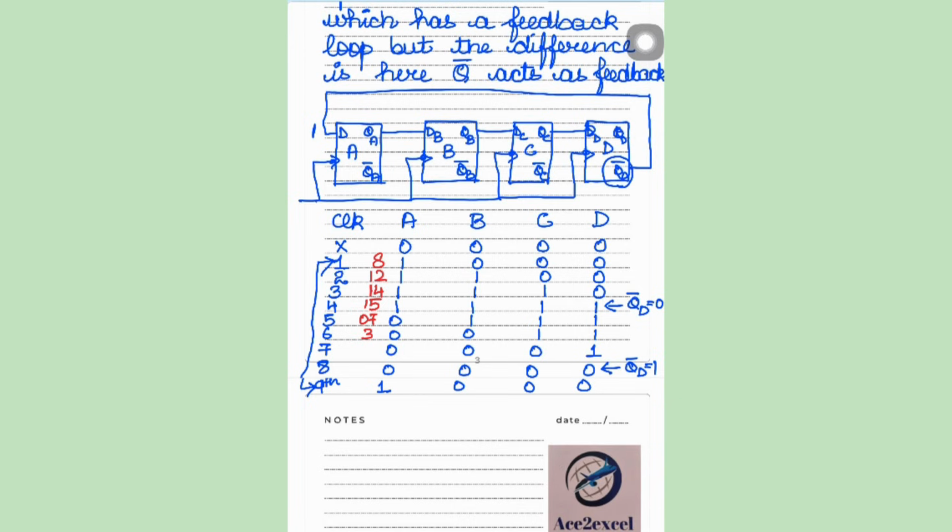We have decimal 1 and we have decimal 0. So the Johnson counter counts a total number of 8 states, and the states are 0, 1, 3, 7, 8, 12, 14 and 15.